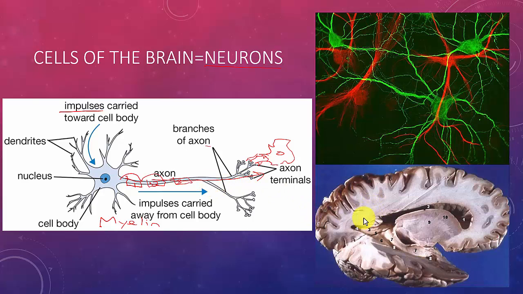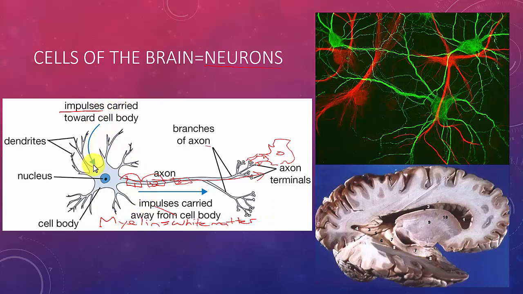And myelin just happens to be a white substance. So when you see all of this area that is white, that means the axons have myelin in them. So white matter equals myelin, or myelin equals white matter. And the gray matter is missing this myelin.